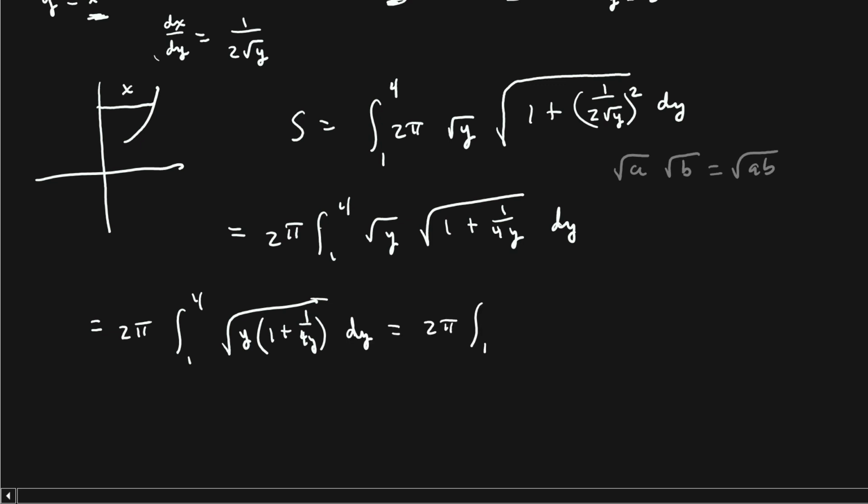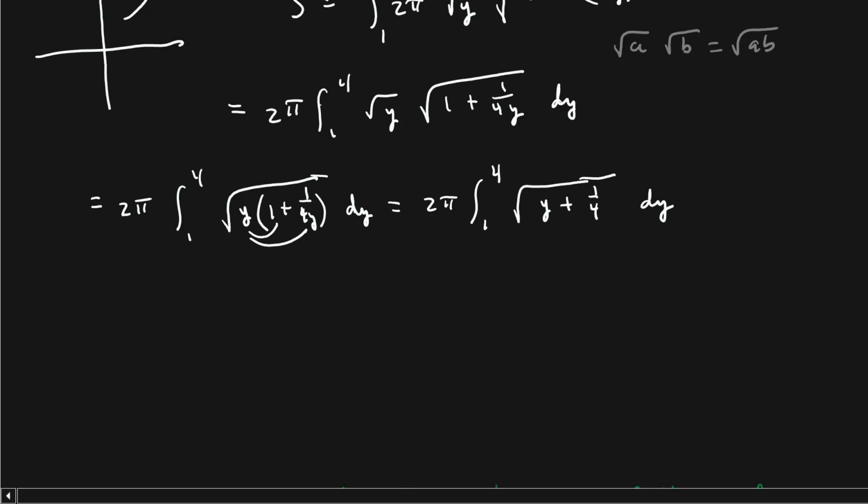So that's going to be 2 pi from 1 to 4, and that's going to be the square root of y plus 1/4 dy after I distribute that y there. And so you can see here, this isn't very difficult to integrate. This is just another u substitution. So u equals y plus 1/4. So du is dy.